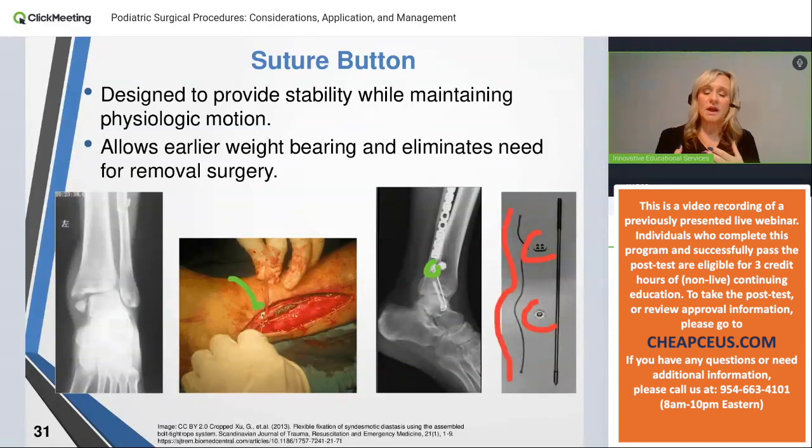It's going to provide that support for the joint. So it's dynamic though, so movement can still occur. So we can start getting that patient back to normal motion of that joint. Allows much earlier weight bearing because the cord is there then at the right length to stop it, kind of check the ligament. Some references describe it as kind of like a seatbelt there that is helping that ligament as it's healing, and it can stay in.